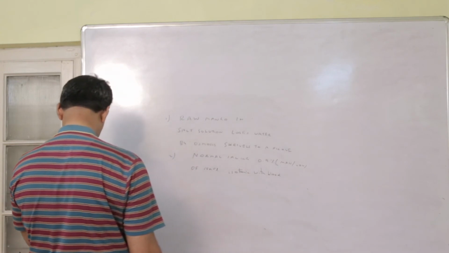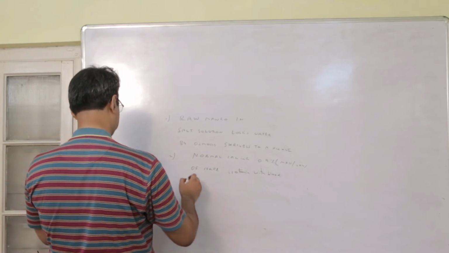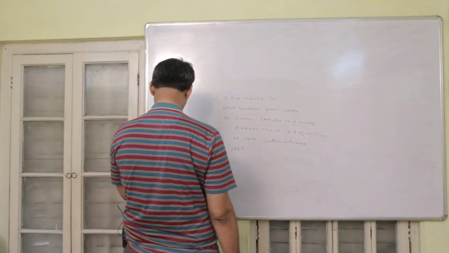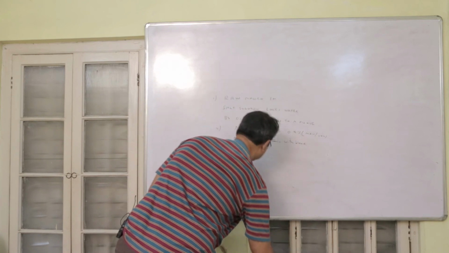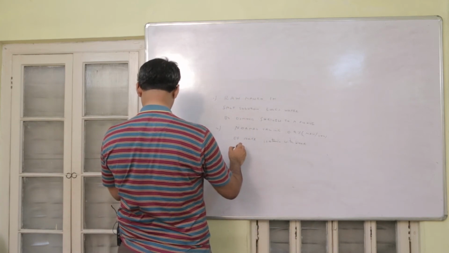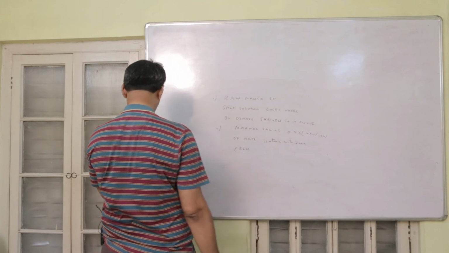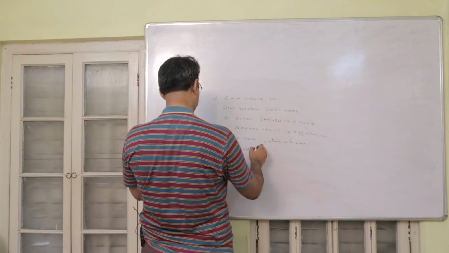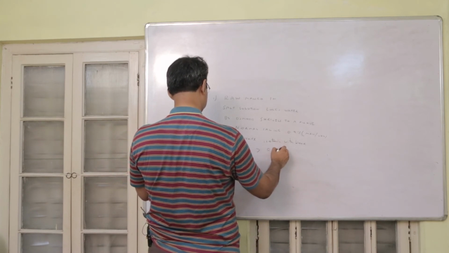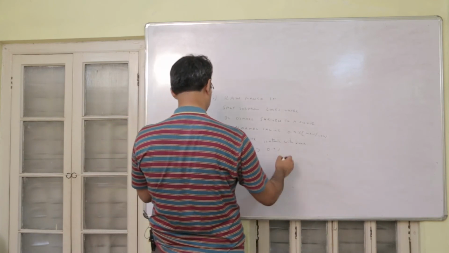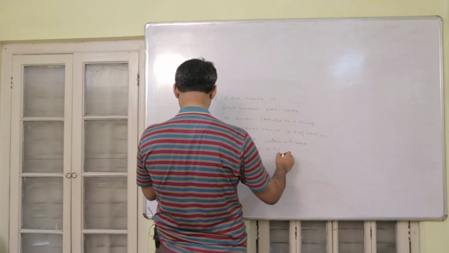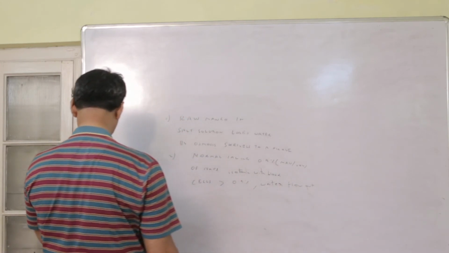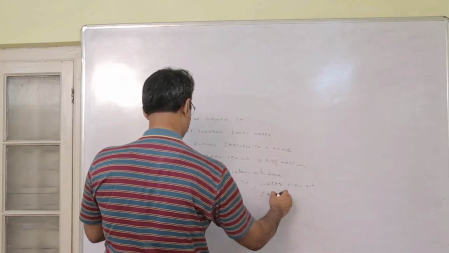Suppose the human cells are placed in a solution whose concentration is more than 0.9%, then water will flow out of the cells, and that's why the cells will shrink.